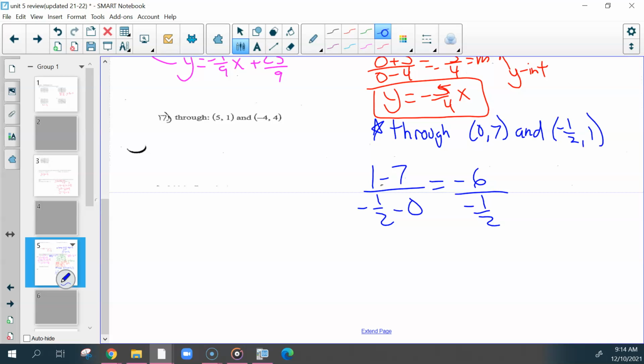I would need to multiply this by the reciprocal, but do it for both parts. Our denominator cancels.